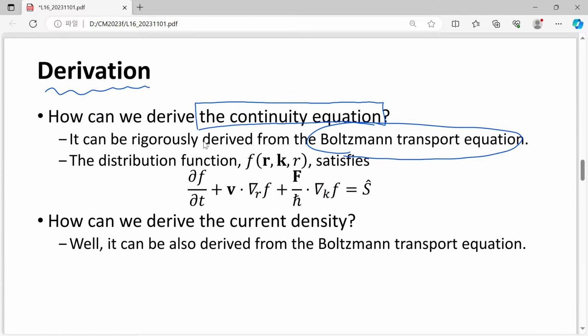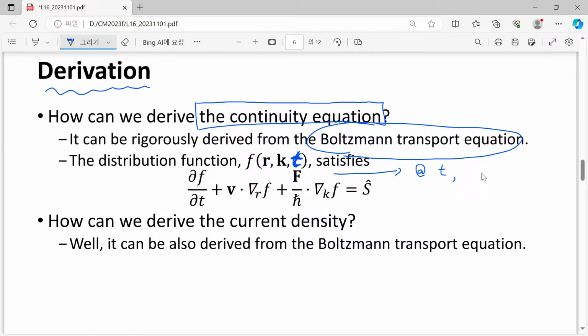What is the Boltzmann transport equation? In the Boltzmann transport equation, we introduce a quantity called the distribution function. Sorry about that, this is my typo. This is not R, this is the time variable t. In this distribution function, we describe a certain quantity at a time instance t, position r, and wave vector k.